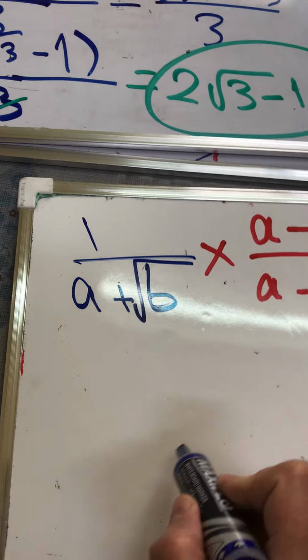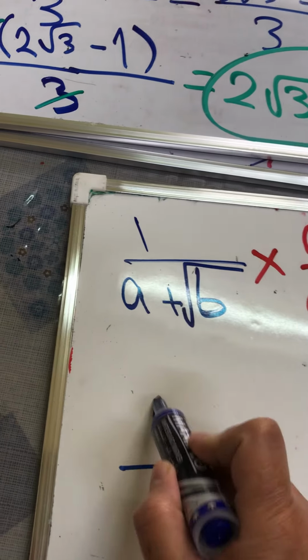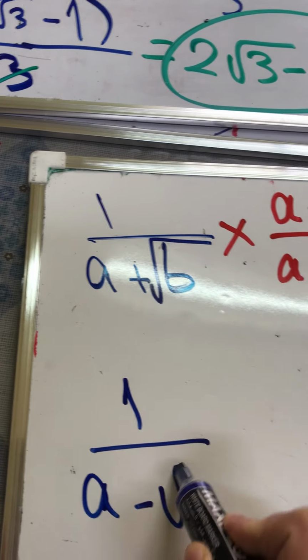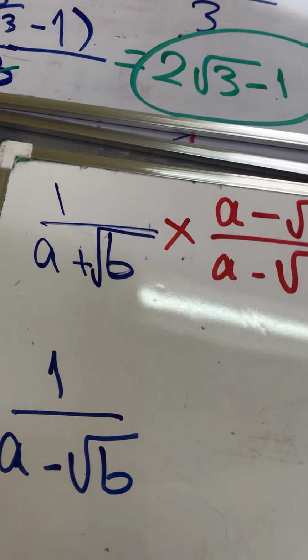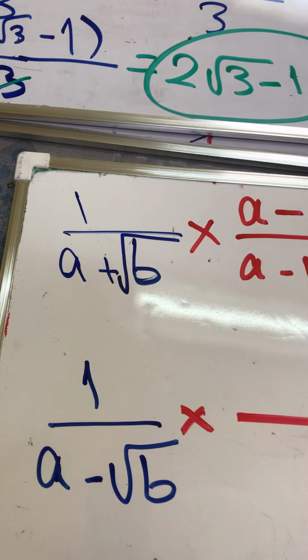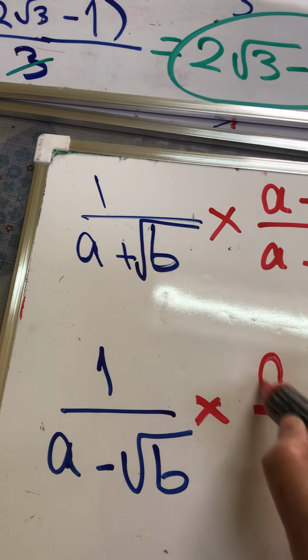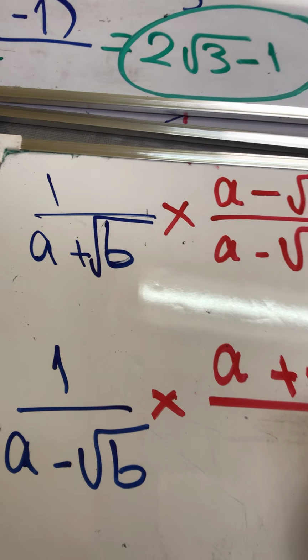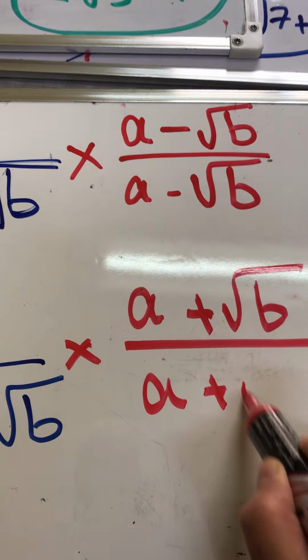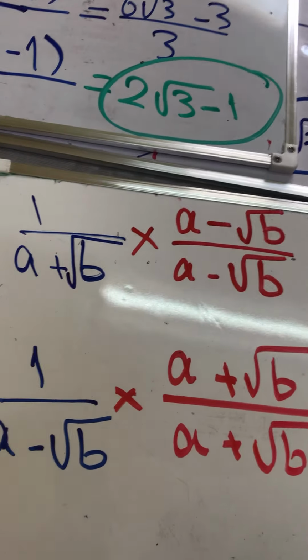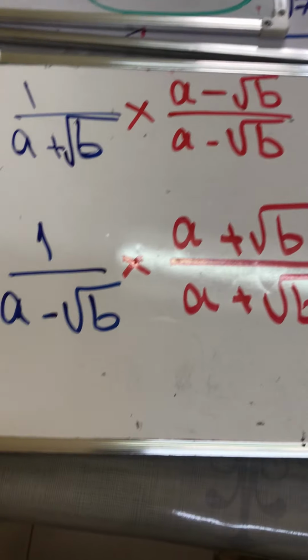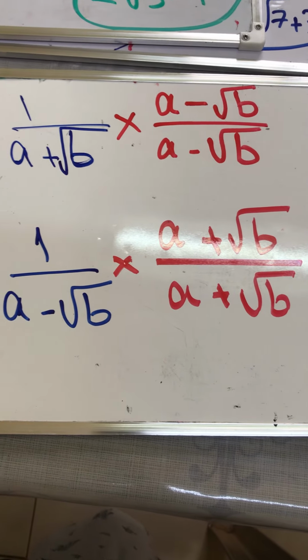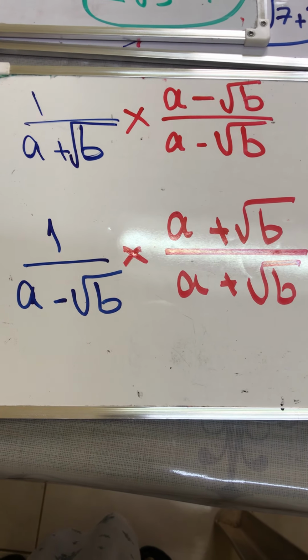Okay, if I have 1 over a minus square root of b, I'll multiply by, look down, a is a, minus will be plus square root of b over a plus square root of b. This is our rule today, and this is a new point in our lesson, rationalizing.